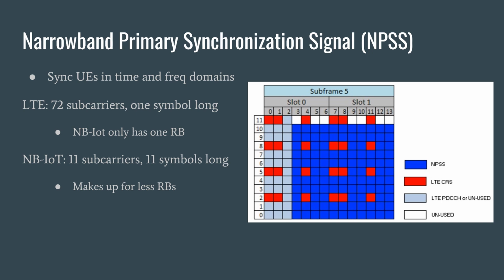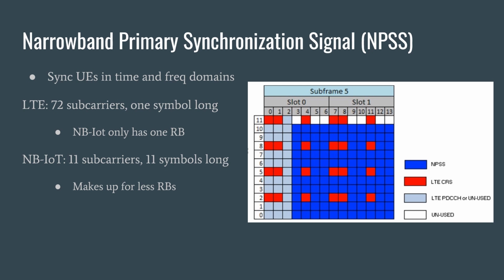The NPSS is similar to conventional LTE. It is used to synchronize the UE in the time domain, as well as estimate the central frequency of the channel bandwidth. The main difference between LTE and NB-IoT primary sync signals are the number of subcarriers actually used to transport the signal. Traditional LTE uses 72 subcarriers, and they each send one symbol.